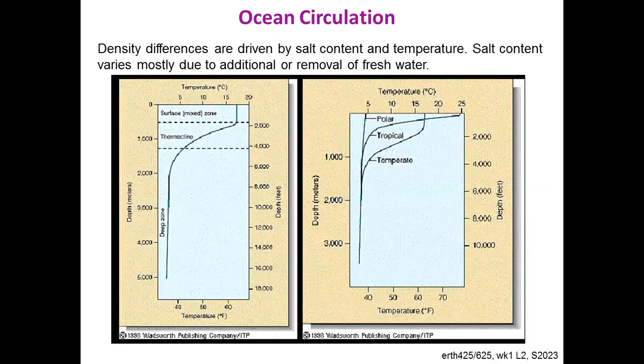And this is what the thermocline looks like, the temperature variation on average over full ocean depth in the Atlantic Ocean. That's on the left. And on the right, you can see it pulled apart for polar, tropical, and temperate. You see how there's very little temperature variation in the polar regions.